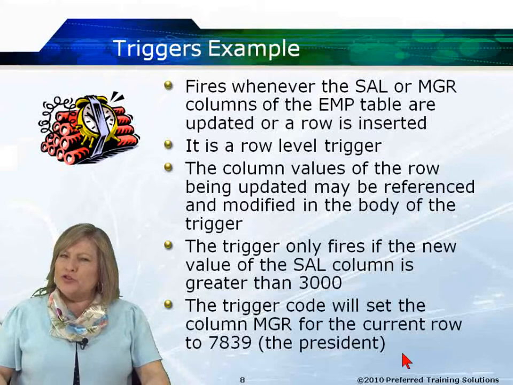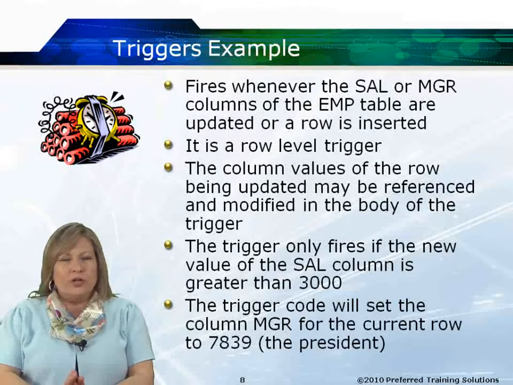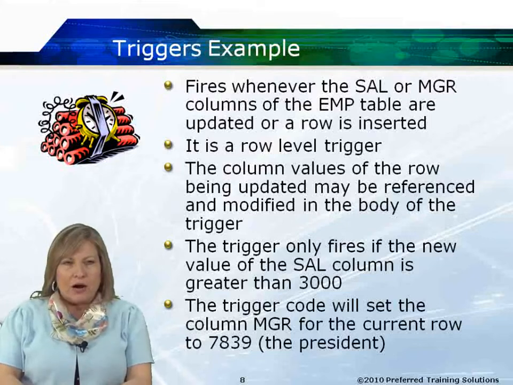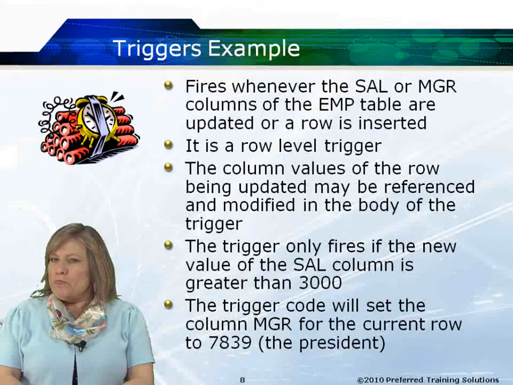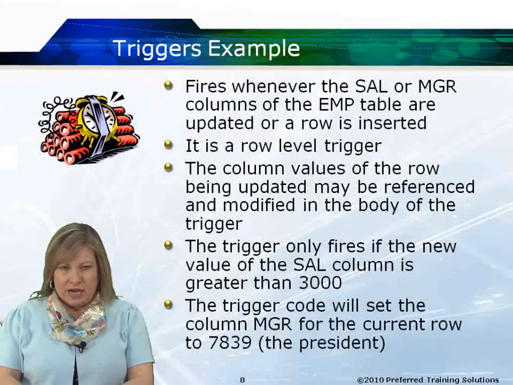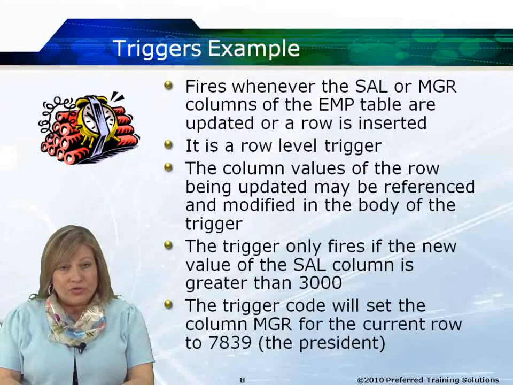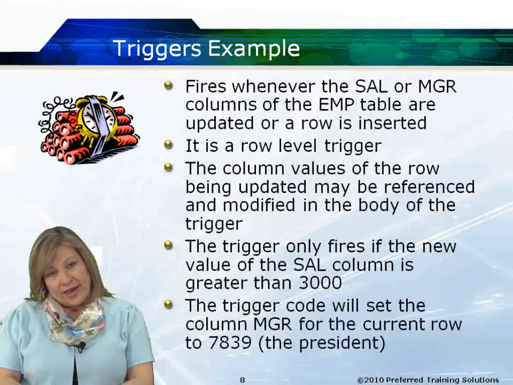And the purpose of the trigger, here's the real deal here. Let's say we have a rule in our human resources department that says, if you make more than $3,000 as your salary, you are required to report directly to the president. So I can write a trigger that will verify that.